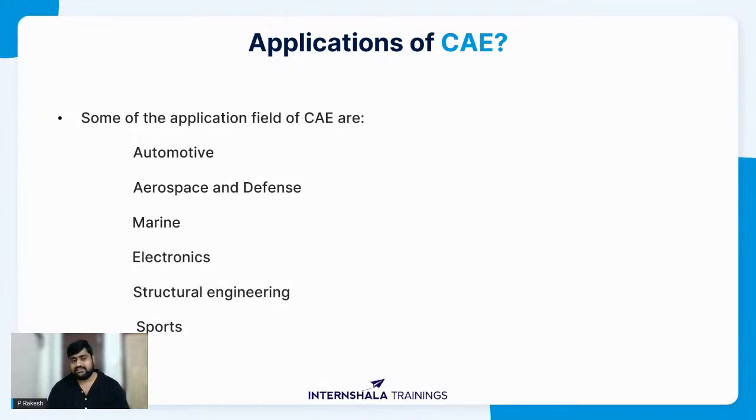Aerospace and defense, marine, electronics, structural engineering, sports, and a lot of other things. These are some of the most popular areas, so that is why I mentioned only these. But see, guys, wherever there is creation of a product or we are creating something new, there we can find the applications of CAE, especially in defense, automotive, aerospace, and other stuff. Okay, now.